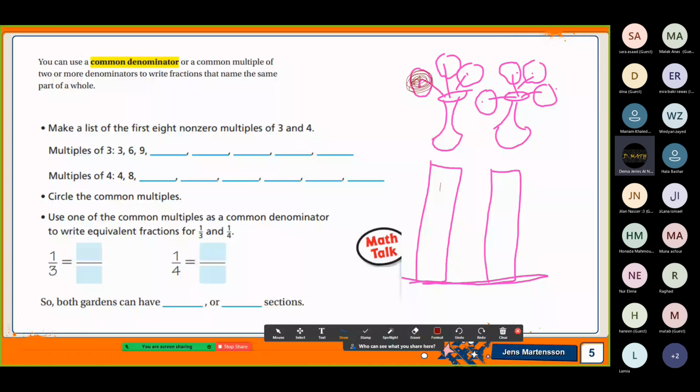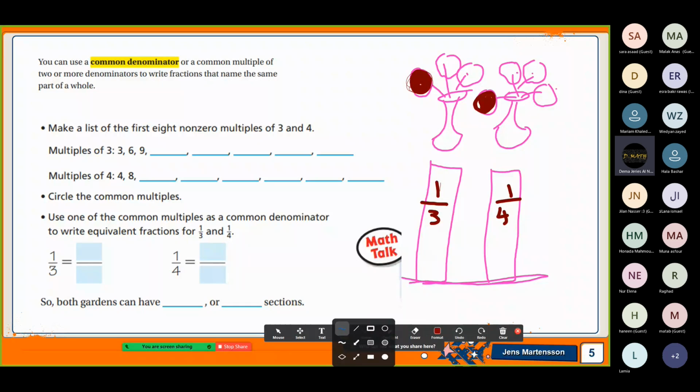Now here we have 1 over 3, and here we have 1 from 4. So the first flower is 1 over 3, and the second one is 1 over 4.